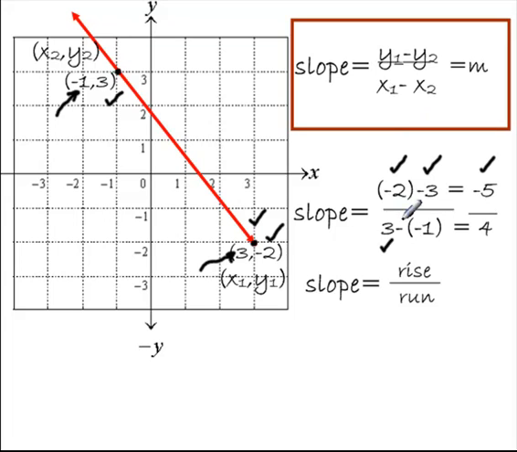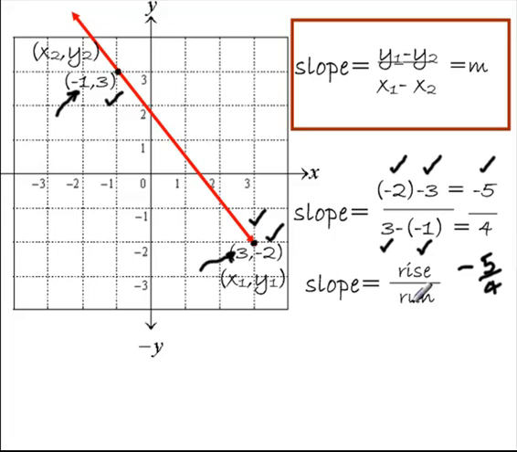Okay, so that would be 3 take away -1. 3 take away -1 is 3 plus 1, which is 4. So really, the slope of this line is -5 over 4, and we can write that as -5/4.